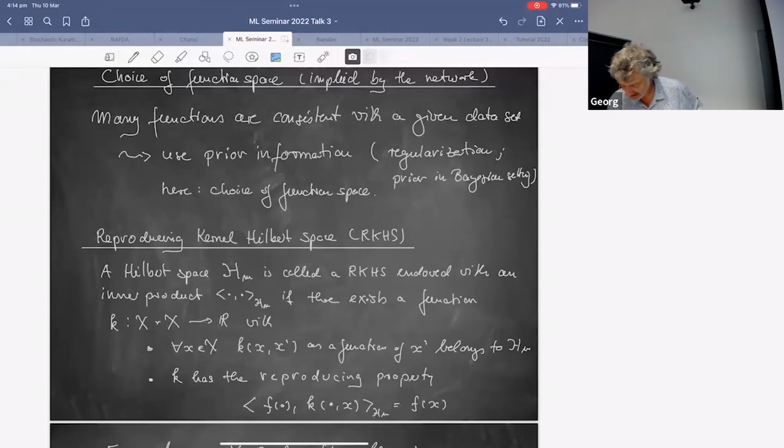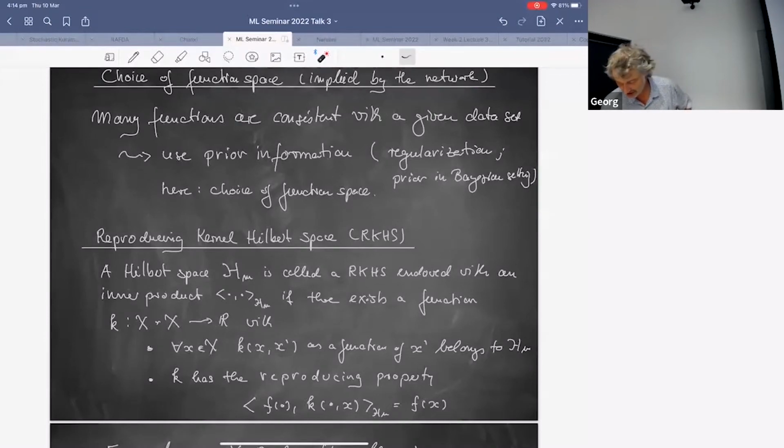So if I take the inner product of a function f, which has to live in that reproducing kernel Hilbert space, and the kernel evaluated at x, then this is an evaluation operation on that function f at x. Okay, so you hit an element from that Hilbert space with the kernel evaluated at x, and that spits out the value of that function.